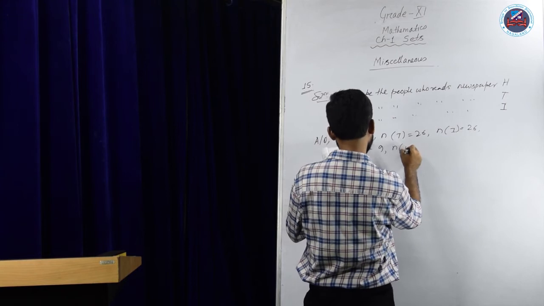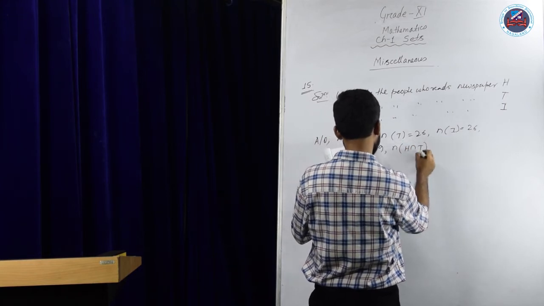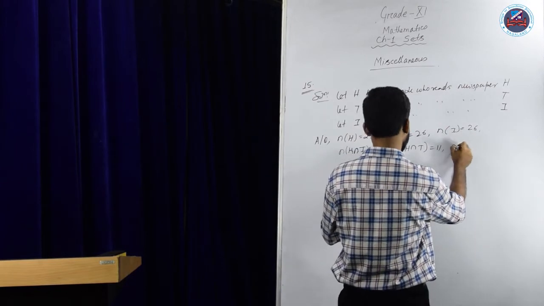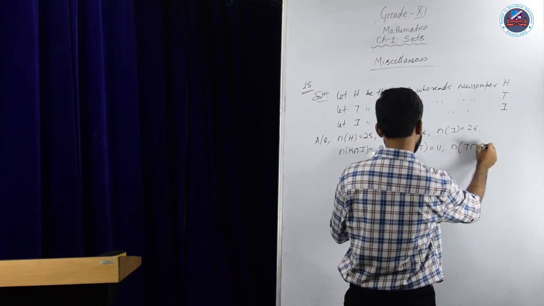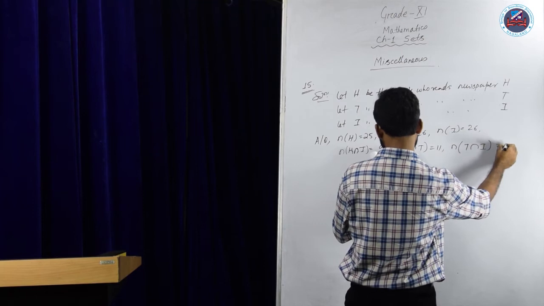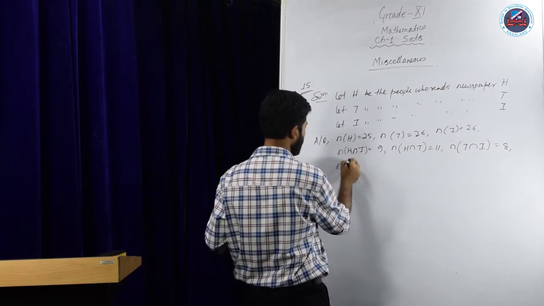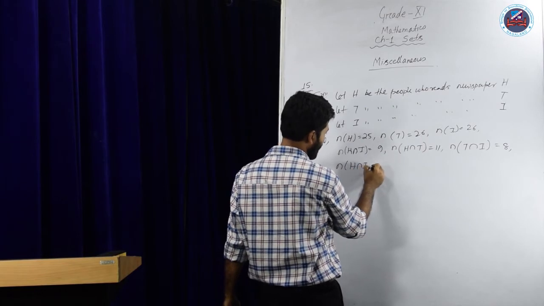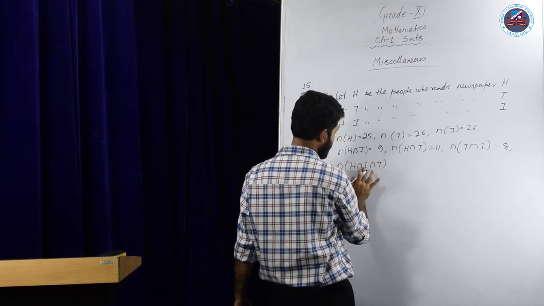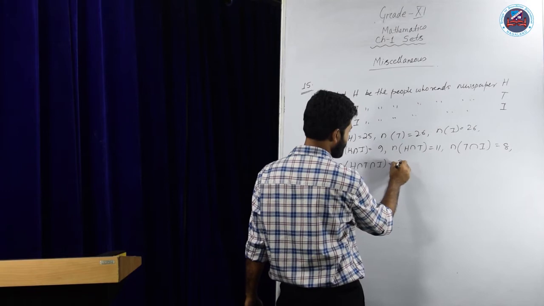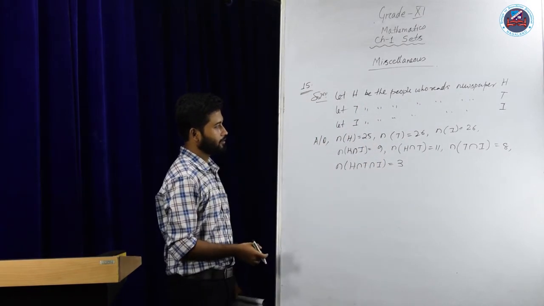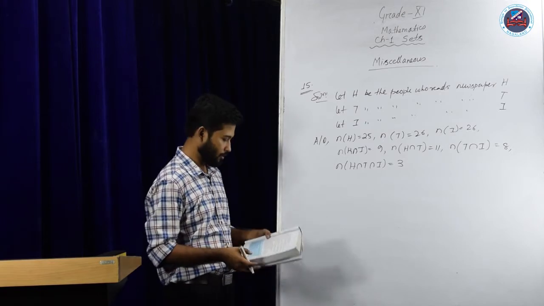H intersection T is 11. N of T intersection I is 8, and the number of people who read all 3, that is H intersection T intersection I, is 3. So these are the given conditions in the question.